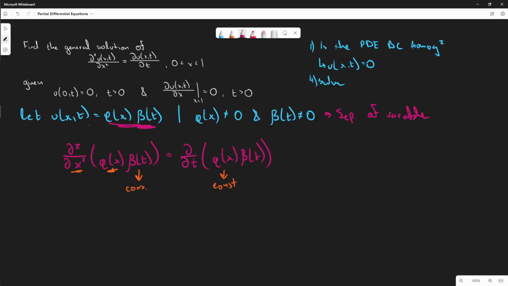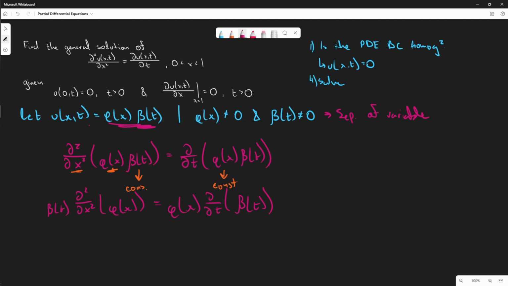We take those out of the partial derivatives, leaving us with beta of t times the second partial derivative with respect to x of phi of x is equal to phi of x multiplied by the first partial derivative with respect to t of beta of t.